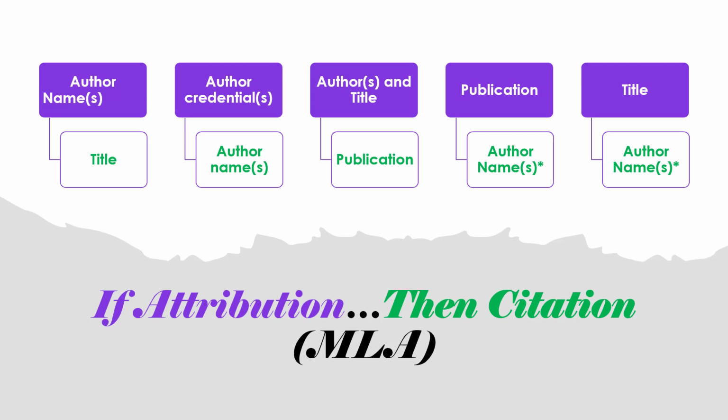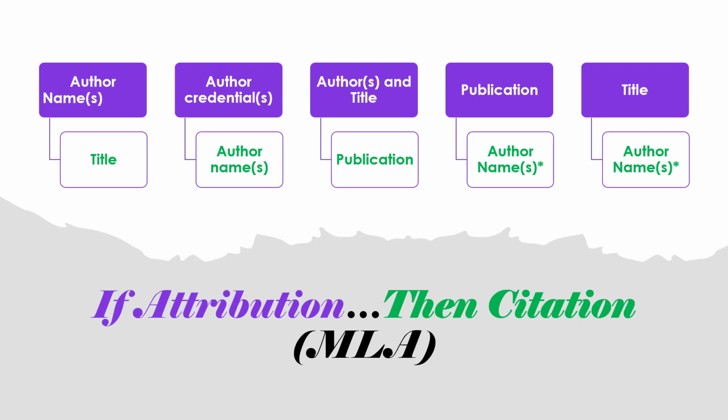If you're using the publication, this can be really helpful if maybe you weren't able to find really good specific credentials on the authors, or the title isn't super helpful. So you might want to say, according to this news source, and it sounds like it's adding credibility because, say, for example, the New York Times is pretty well known for being very accurate, or at least trying to be accurate.